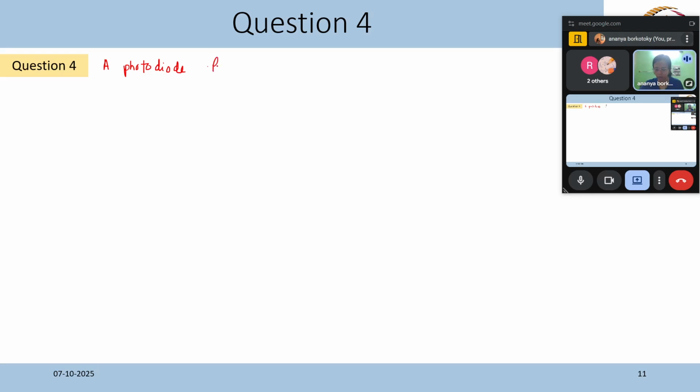A photodiode has a responsivity of 0.5 ampere per watt at 850 nanometer. Find the efficiency of the detector.